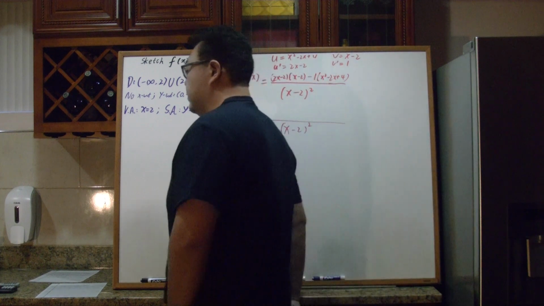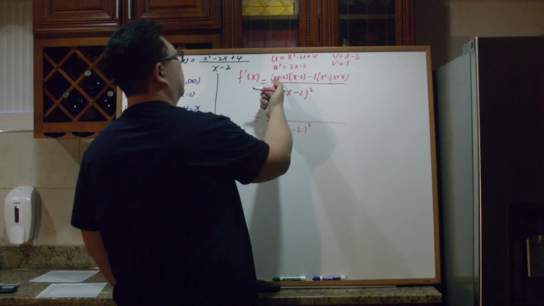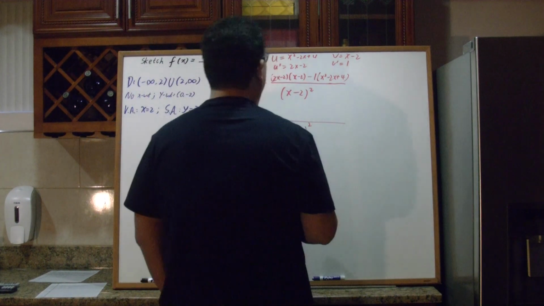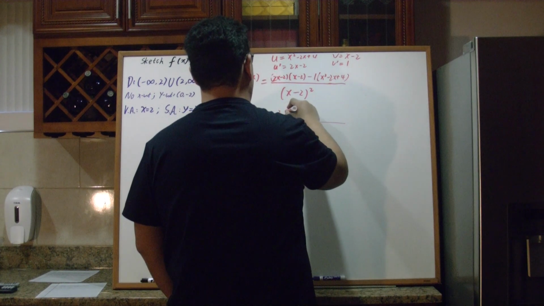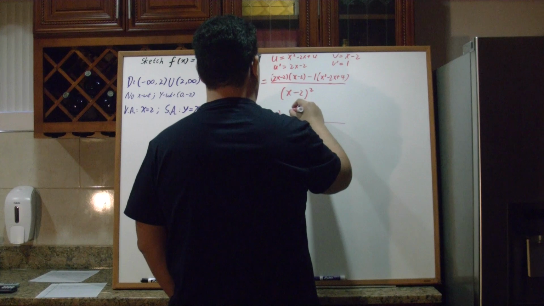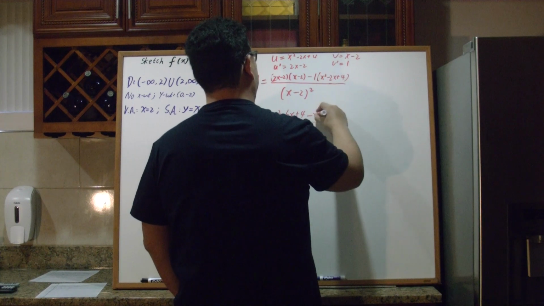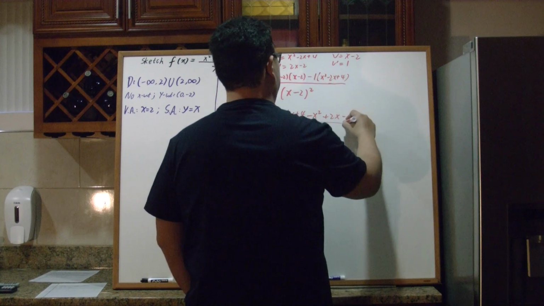Then we simply multiply it out, that we get, well, 2x squared minus, minus what? Minus 6x plus 4. Minus x squared plus 2x minus 4.